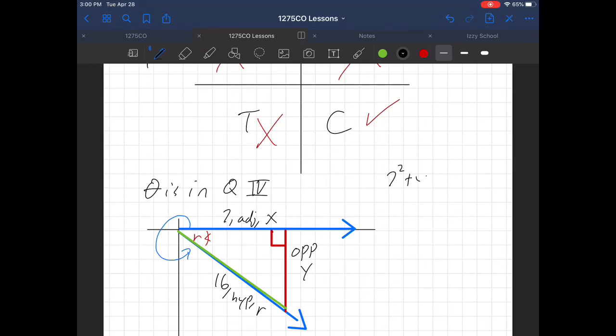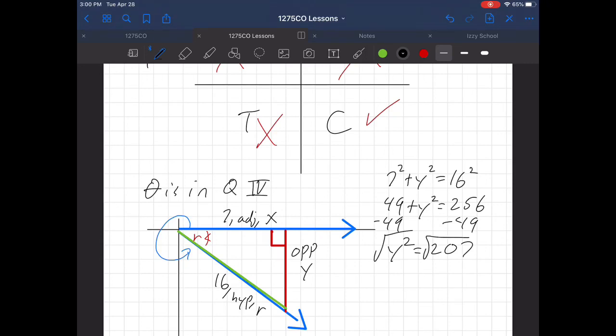7 squared plus y squared is equal to 16 squared. That's going to make 49 plus y squared equals 256. Subtract 49 from both sides, and that means that y squared is equal to 207. Take the square root of both sides of this equation.